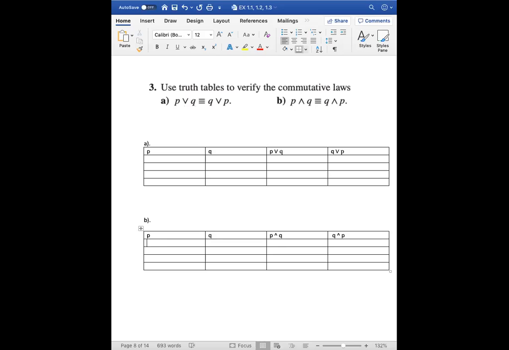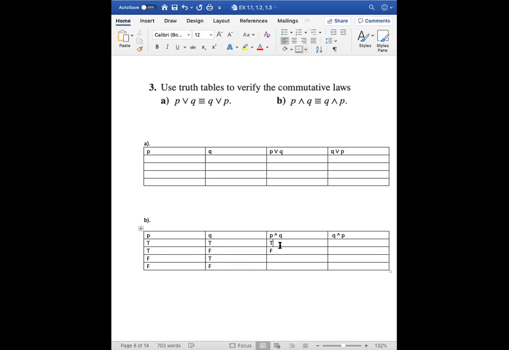For P, we have two possible values: true, false, true, false. For Q as well, we have true, false, true, false. And then we have P and Q. Here we will do true, true, false, false, true, false, and true, false.